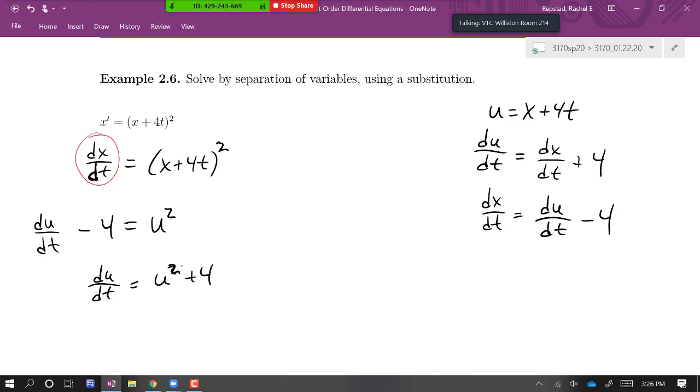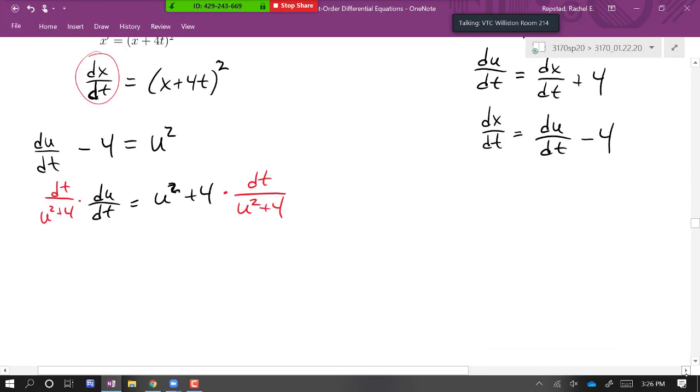And we want the u's with the du, so we'll divide by u squared plus 4. What we end up with here is du over u squared plus 4 equals dt.